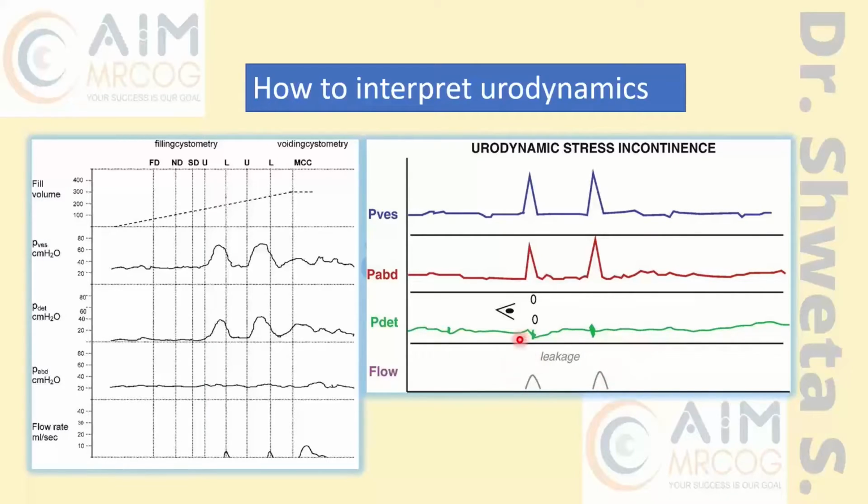That means it is mixed. You should see both patterns in one filling cystometry to make it mixed. Clear? I do have that graph in the questions. You will get to know how it looks. Clear, my dear?